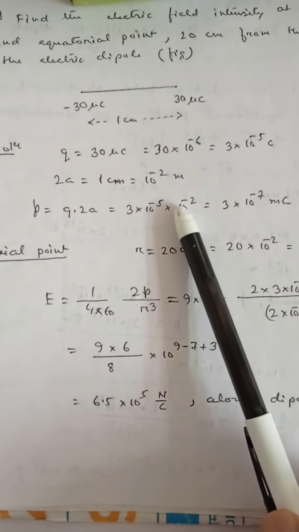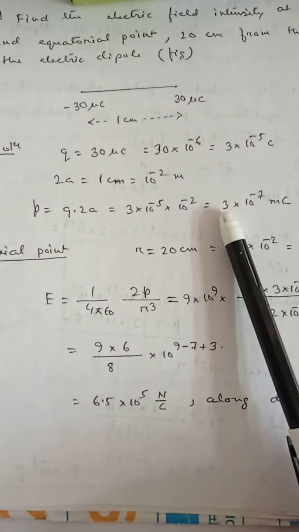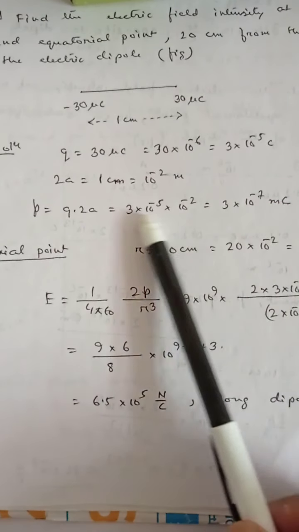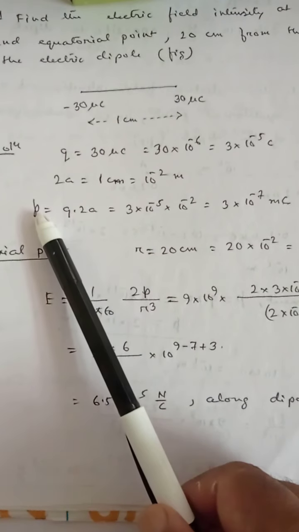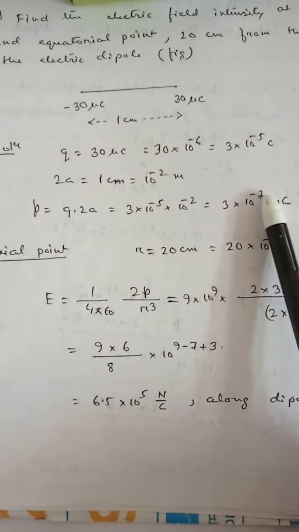This is minus 5, this is minus 2, so 10 to the power minus 7. So what is the unit of dipole moment? Coulomb meter. Coulomb for charge, meter for separation between the two charges.